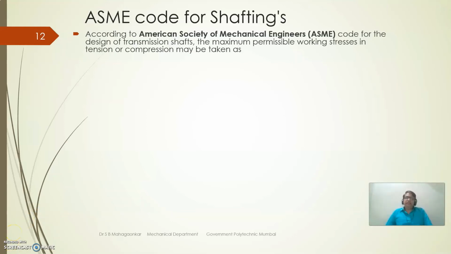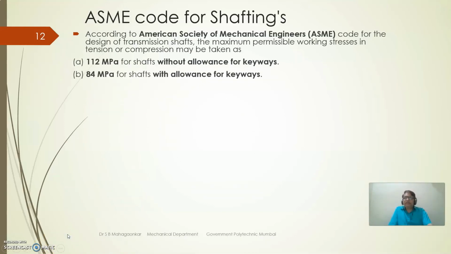So ASME stands for American Society of Mechanical Engineers. They have given certain codes for the design of shafting for commercial shafts when the material is specified. For commercial shafting, you can take 112 MPa for the shaft without allowance for the keyway.